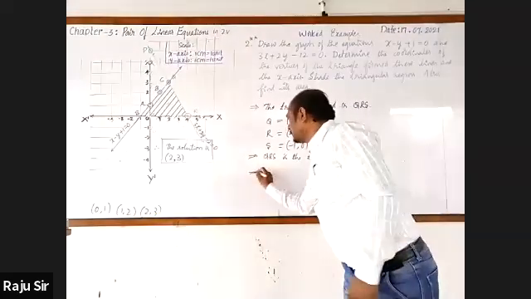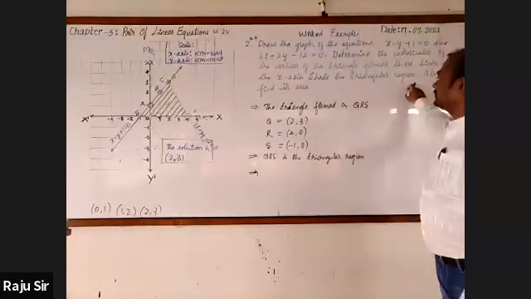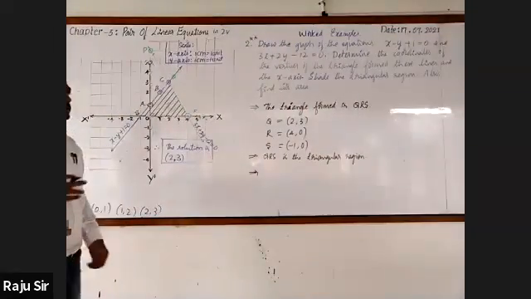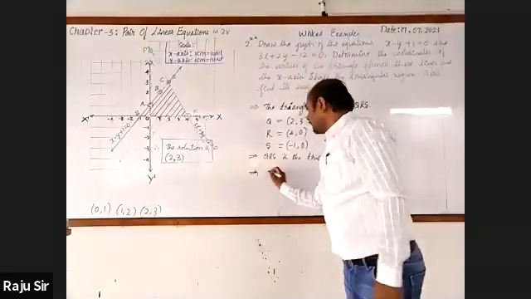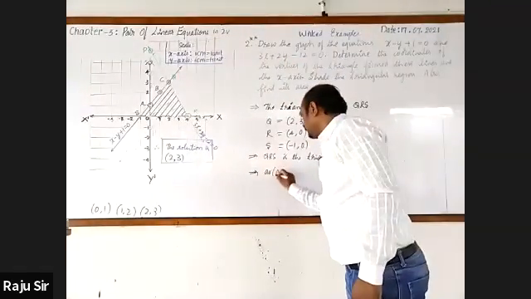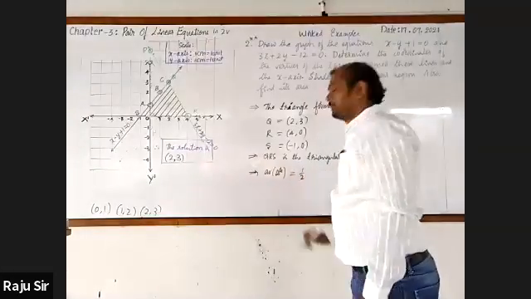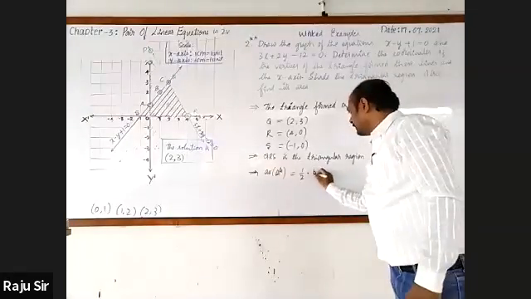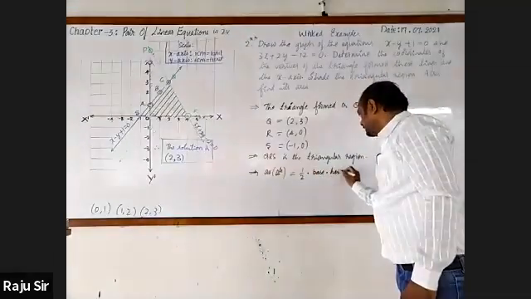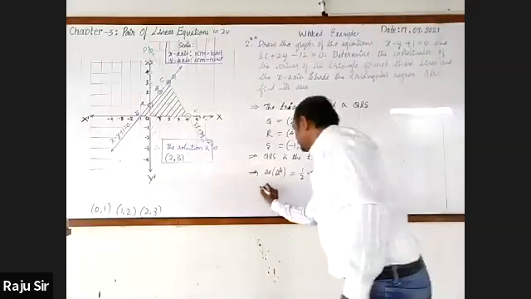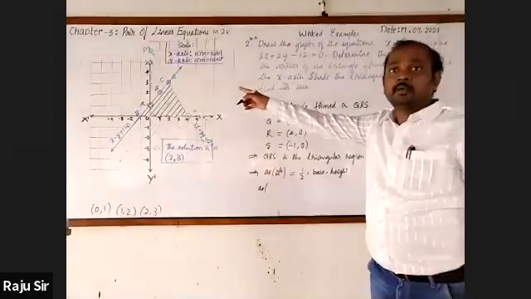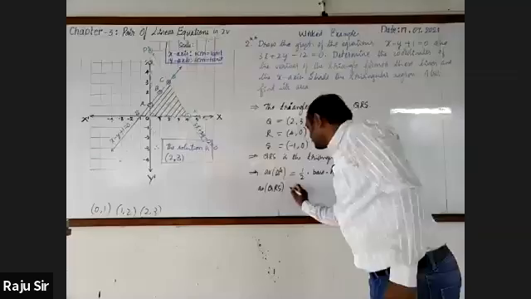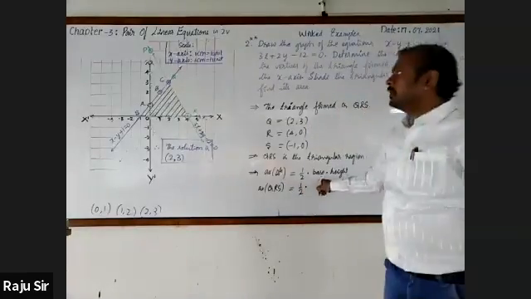Next sub question: find the area of this triangle. So, dear students, you know the area of triangle formula. Area of triangle is half into base into height. We have already named the triangle QRS. Area of triangle QRS is equal to half into base into height. What is the base?